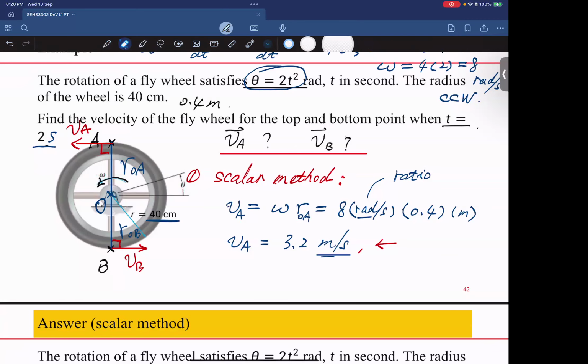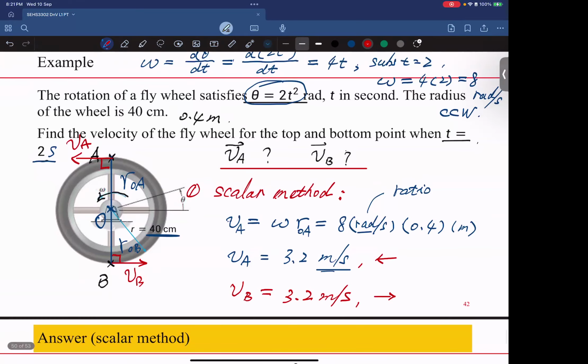And similarly, for VB, there's no need to repeat the calculation. It's the same magnitude, but the direction is going to be opposite to A. This is a scalar method, which is straightforward in 2D cases.